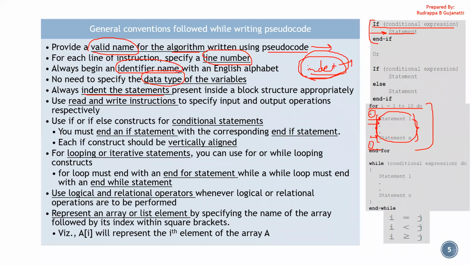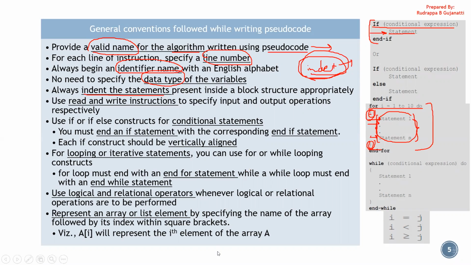This is one of the major advantages when you write the program in an indented form. If you don't, you have to search. Imagine if there are multiple for loops, which brace is for which for loop becomes difficult. If you provide it in proper form, then it becomes easy for us to go ahead.